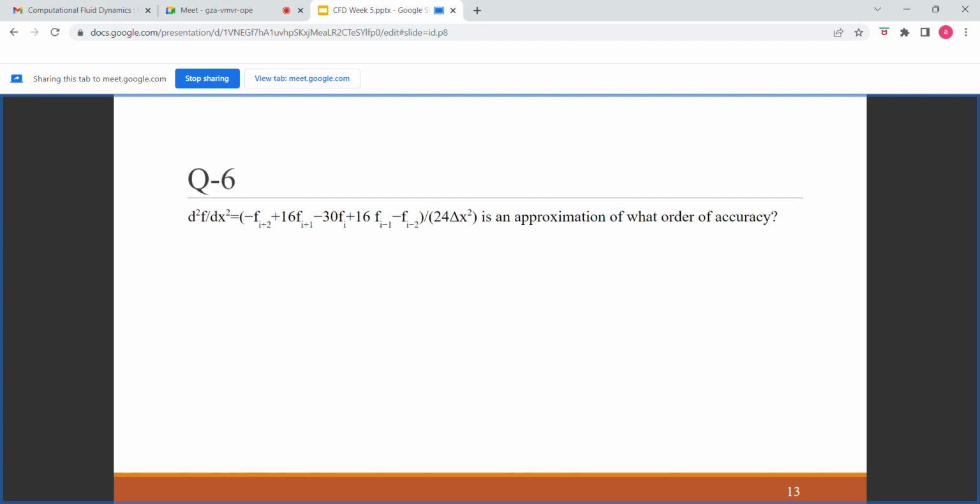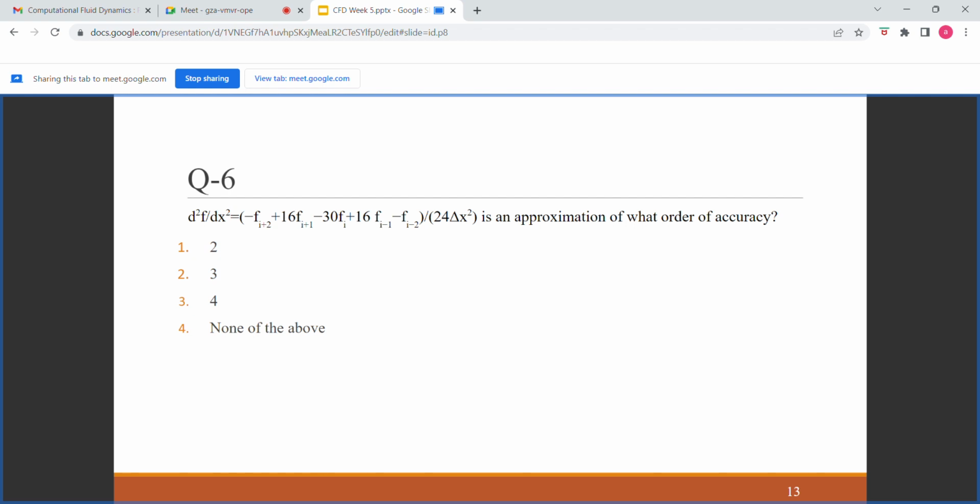Basically 5 points are given and we are asked for the order of accuracy, and this is a second order derivative. We do not know what scheme is used. The first option is option 2, the second is option 3, the third is option 4, and the fourth is none of the above.